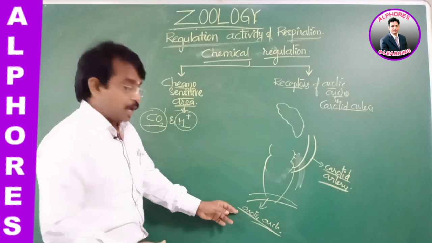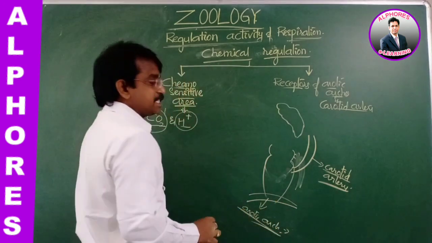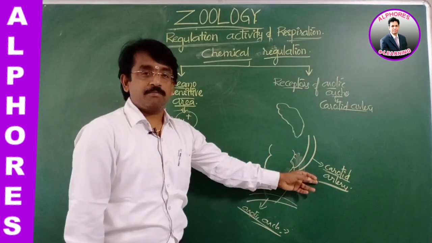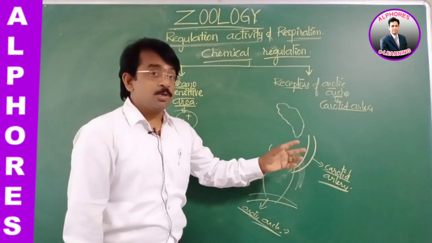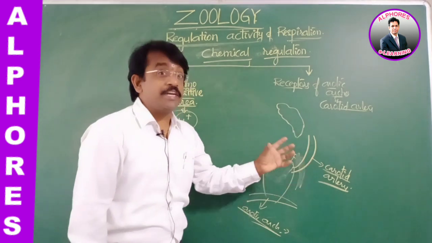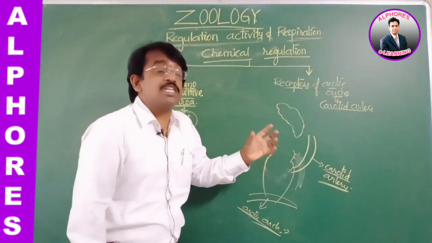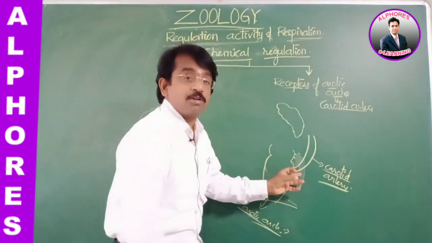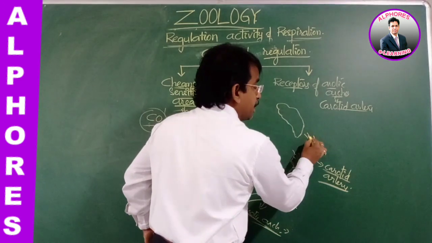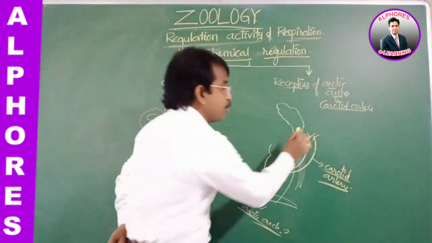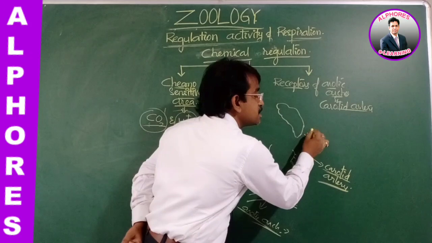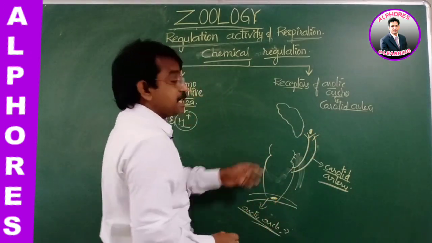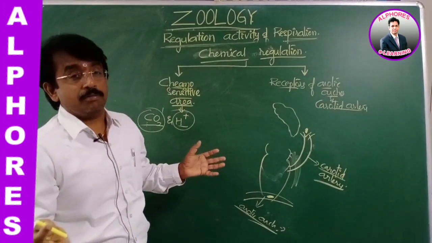The aortic arches have sensory receptors, and the carotid artery also has sensory receptors. So these sensory receptors detect the presence of CO2 and H plus. The carotid artery is bifurcated, and here the receptors are present, and here also a large number of receptors are present.